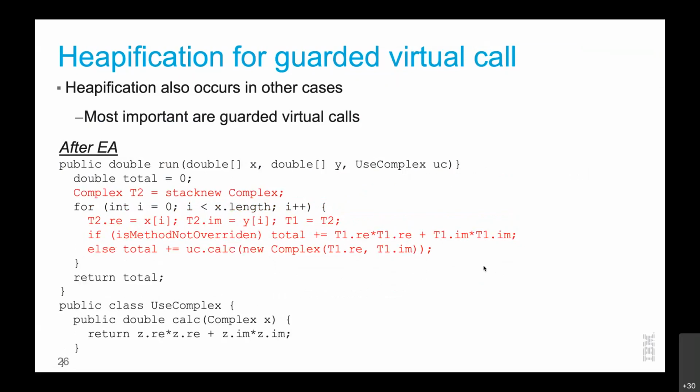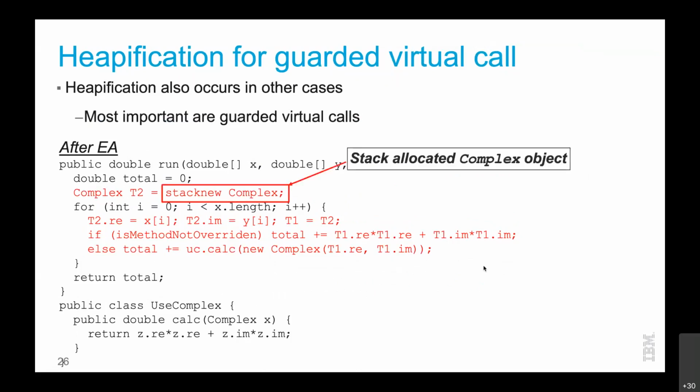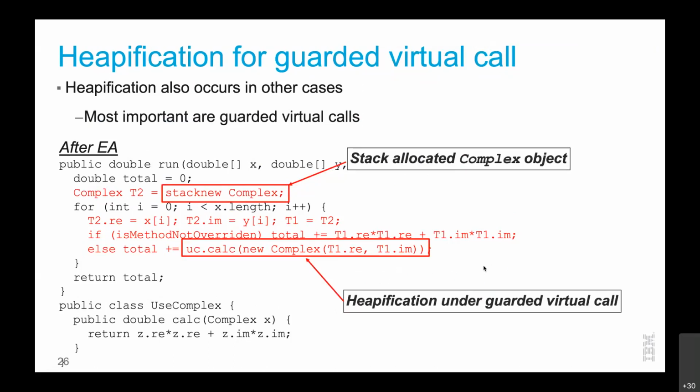Well, EA detects that it's got a case where an inline method is being invoked and it's not yet been overridden. It will stack allocate the candidate complex object, and it will heapify the argument to the out-of-line call to the calc method if and when the method is ever actually overridden in practice.